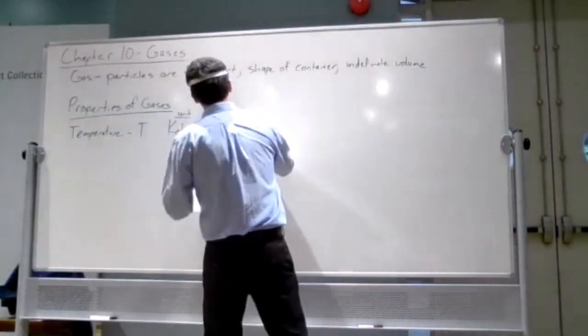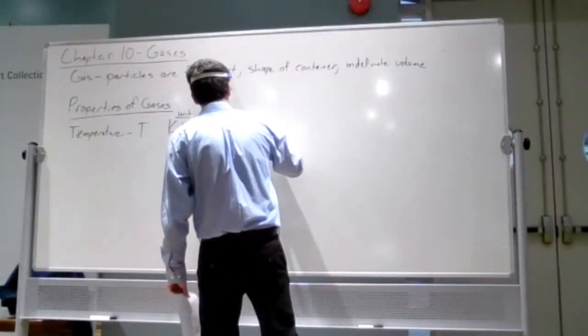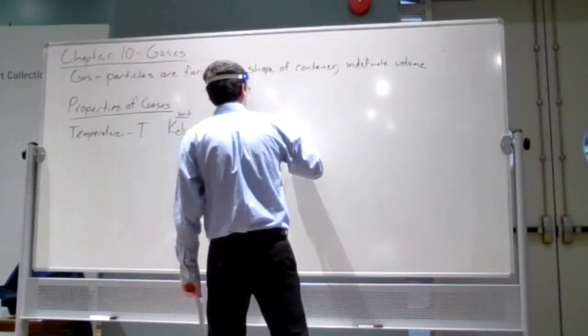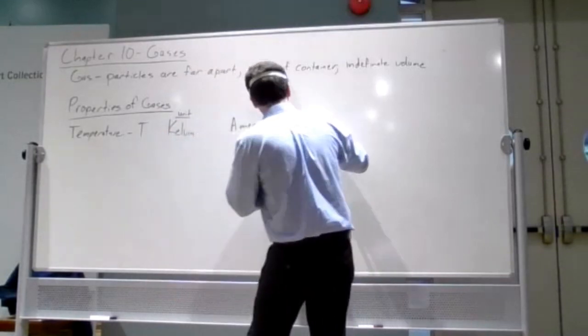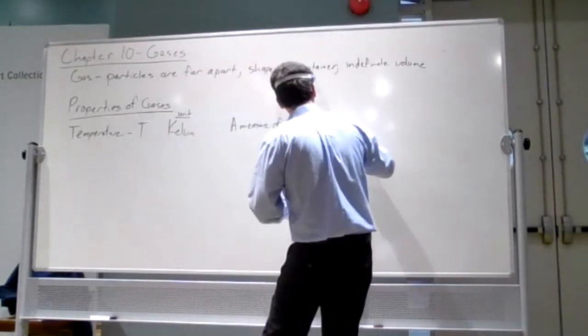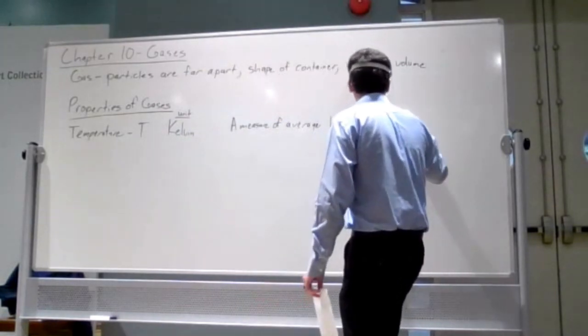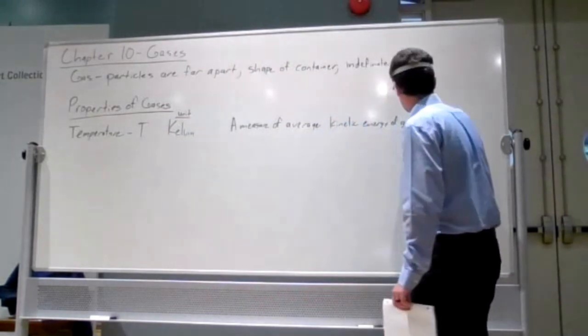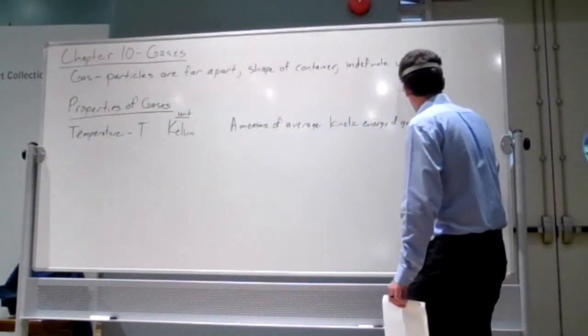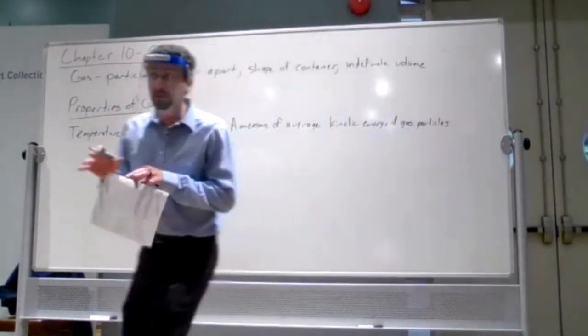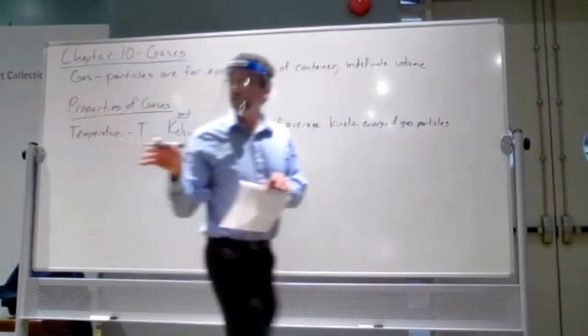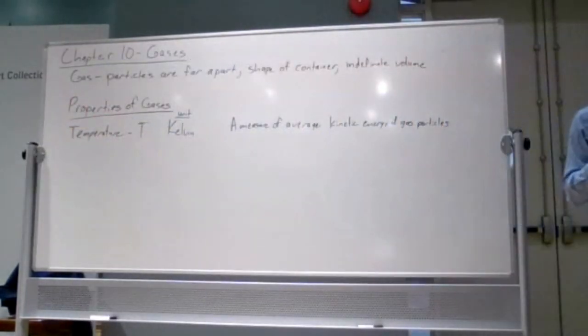So a measure of average kinetic energy of gas particles. Heat is something else, and we'll talk about heat in the next chapter when we're discussing thermodynamics. There is a slight difference there.